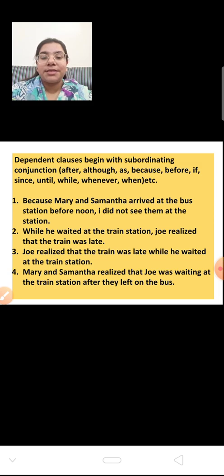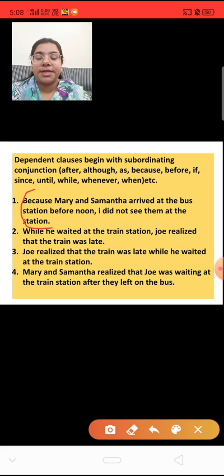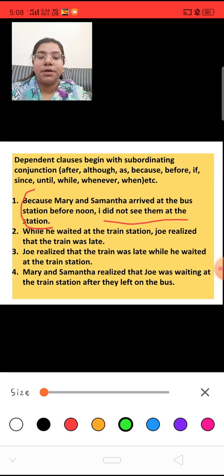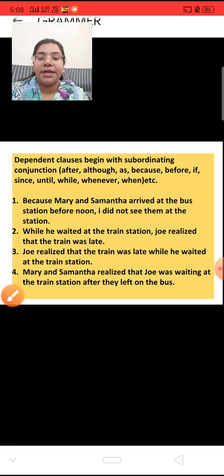Because Mary and Samantha arrived at the bus station before noon, I did not see them at the station. Now it is a complete sentence, because we have used a main clause here in this sentence, and that's why it is completing the meaning.